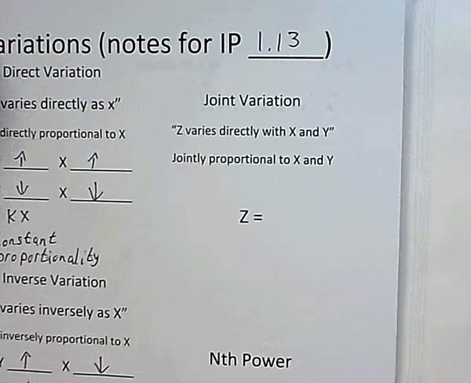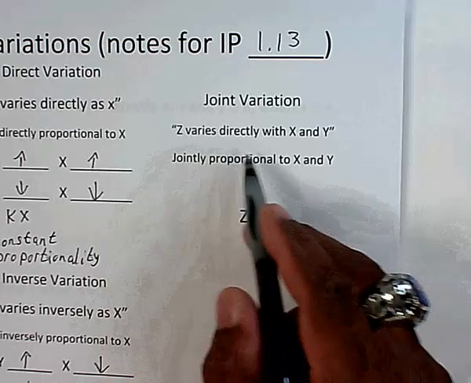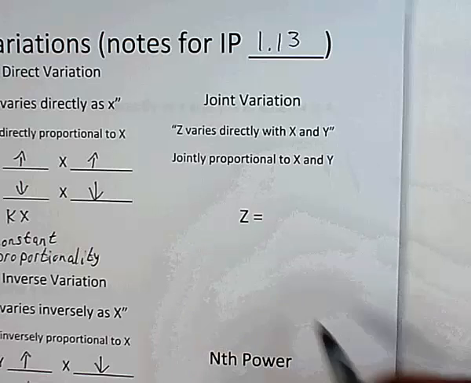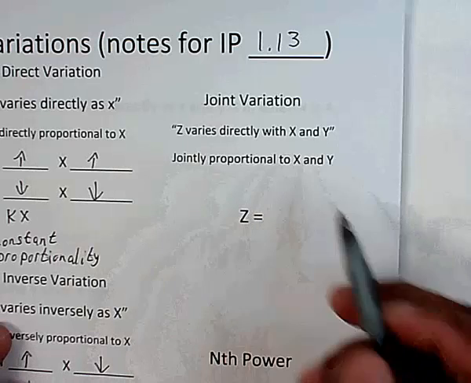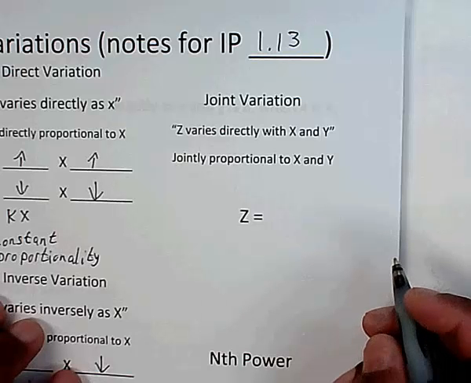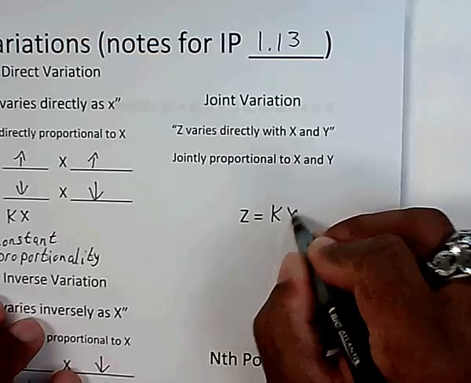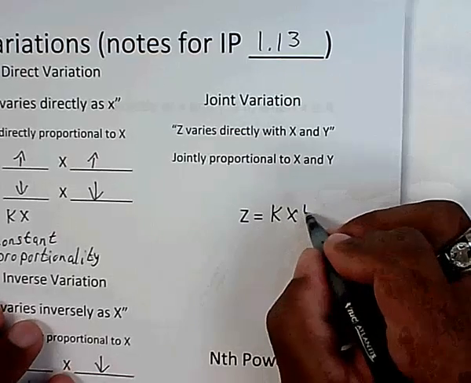Thirdly, we have joint variation. Z varies directly with x and y, jointly proportional to x and y. And our equation is that z is going to equal k multiplied with the variable x multiplied with the variable y.